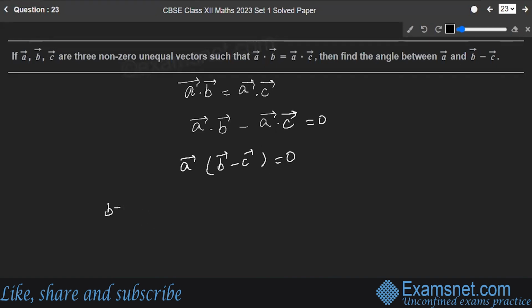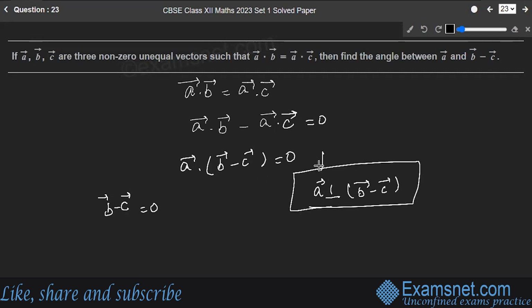Now this means that either B minus C is equal to 0 or A is perpendicular to B minus C. Then only the dot product will be equal to 0. If two vectors are perpendicular to each other, then the dot product between them is 0. The first case makes B vector equal to C vector, which is not possible because it is given that they are three non-zero, unequal vectors.